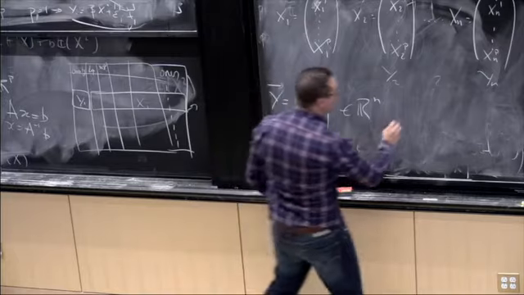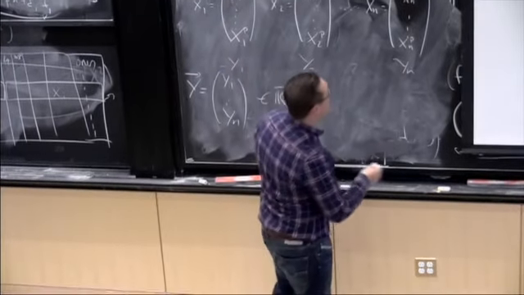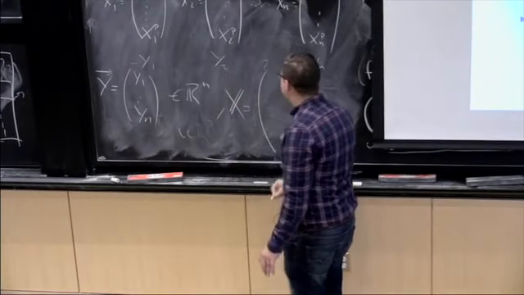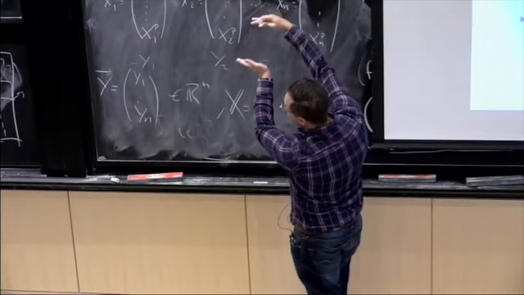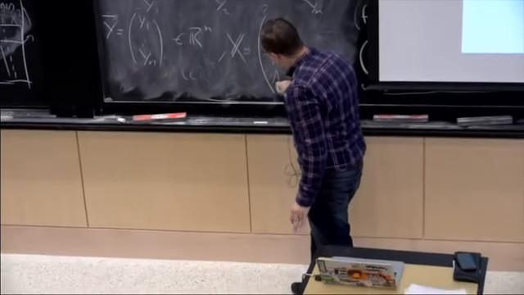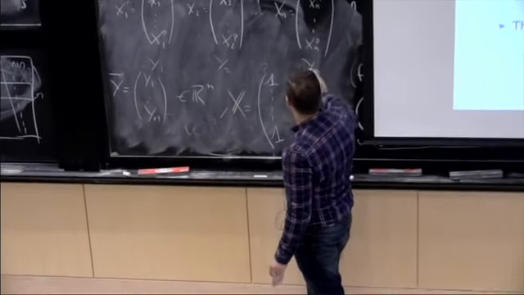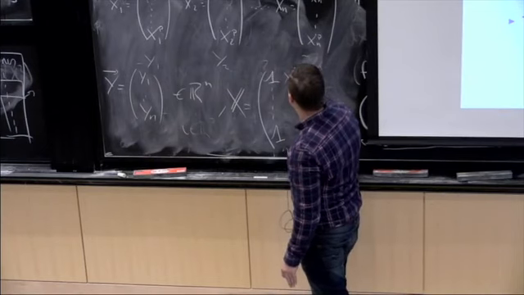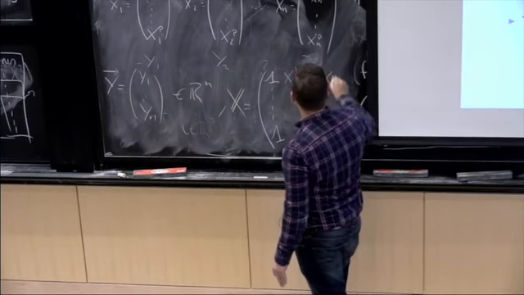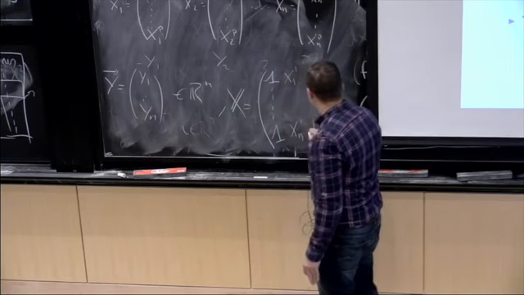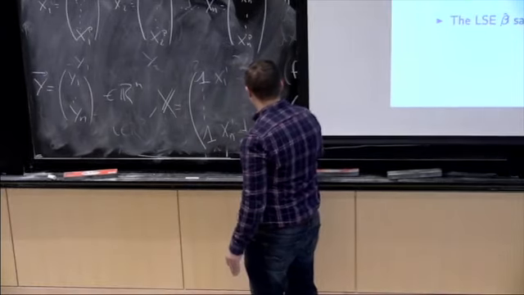OK, so I'm going to create a matrix, which here is denoted typically by X double bar. Since I'm taking those guys like this, the first column is going to be only ones. And then I'm going to have x1^1, ..., x1^p. And here I'm going to have xn^1, ..., xn^p.